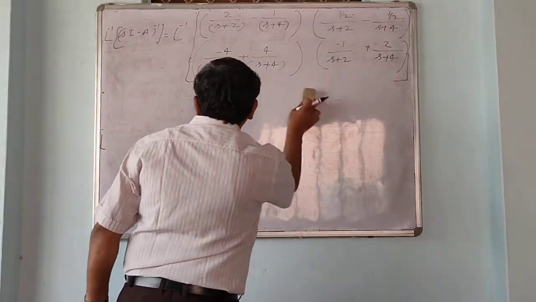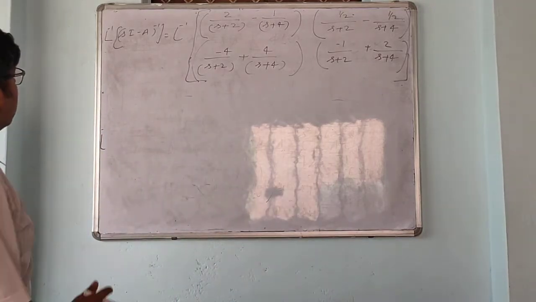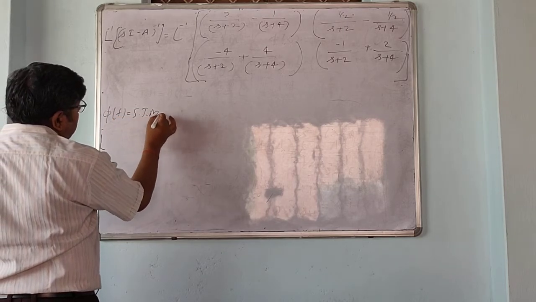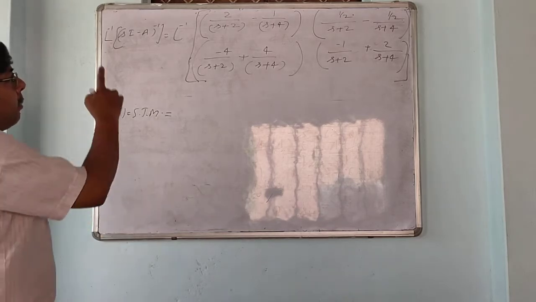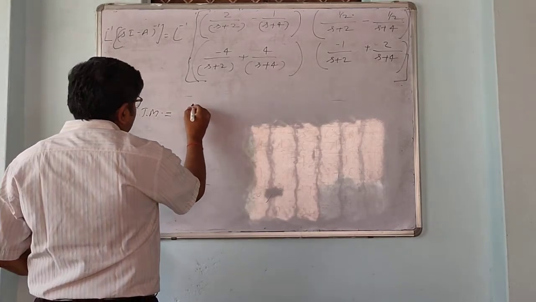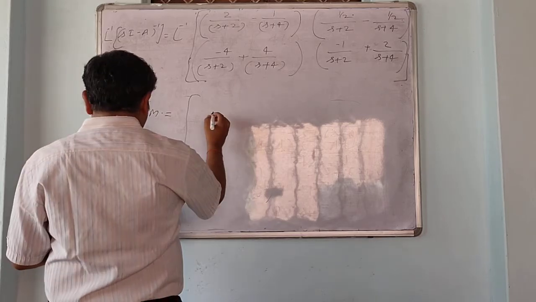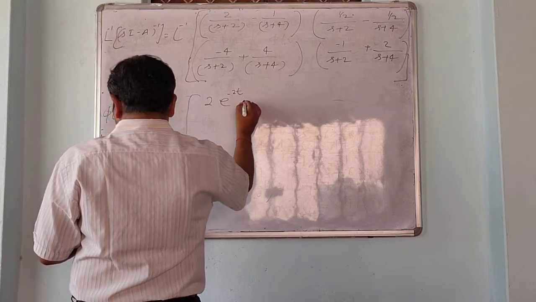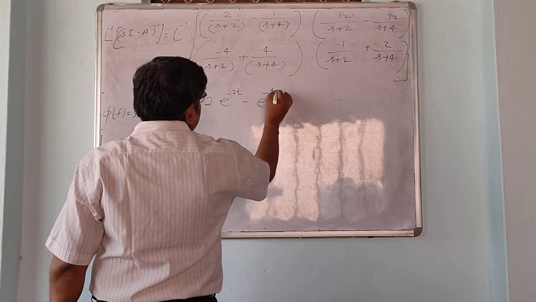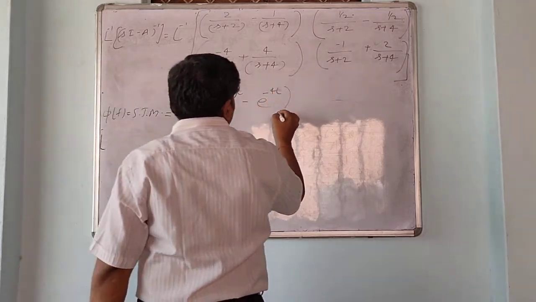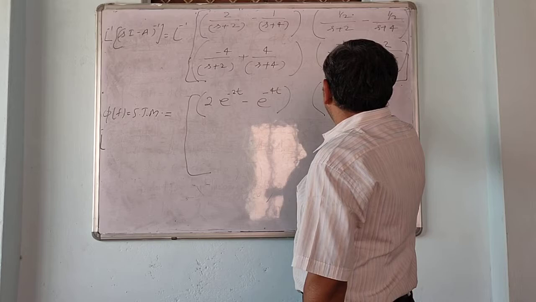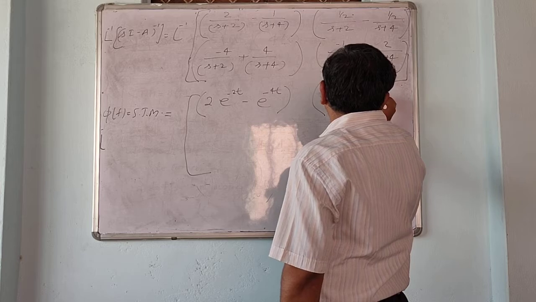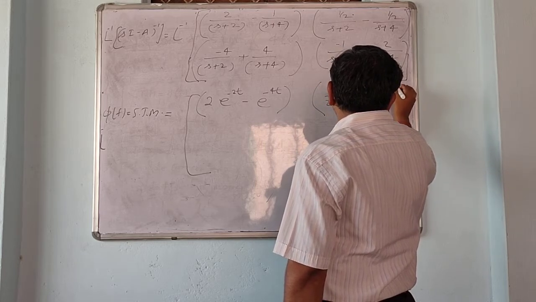Taking Laplace inverse, the state transition matrix, written as STM, is given by the Laplace inverse of this. The first term after taking Laplace inverse is 2e to the power minus 2t minus e to the power minus 4t. For the second term, we have half e to the power minus 2t minus half e to the power minus 4t.